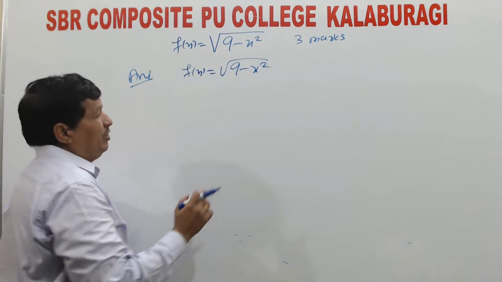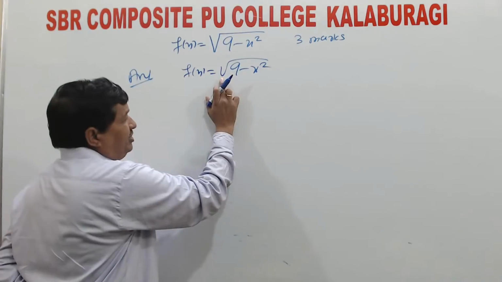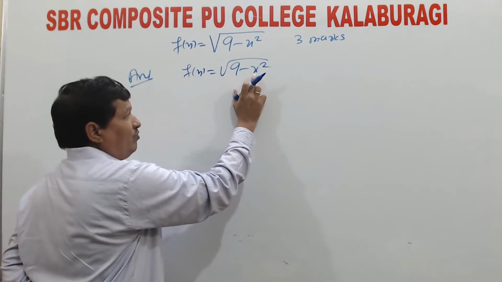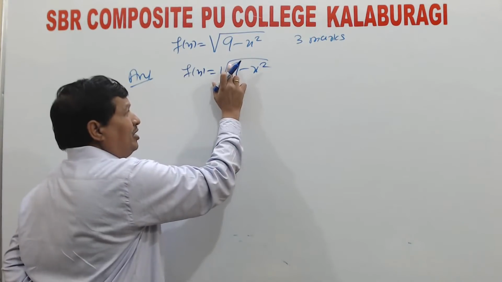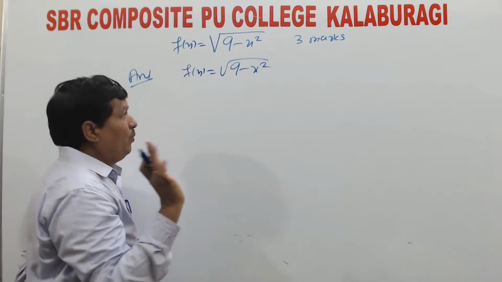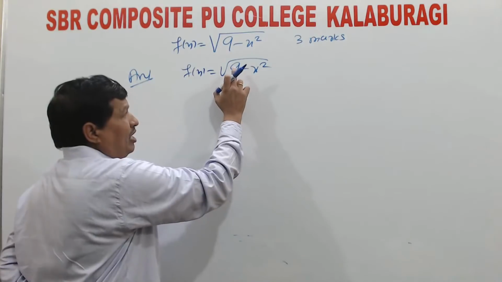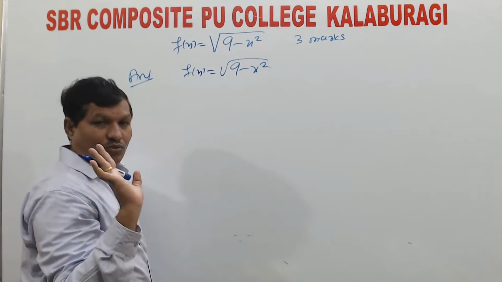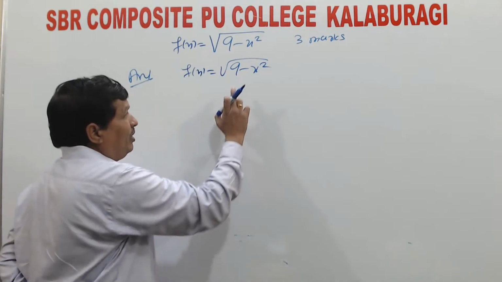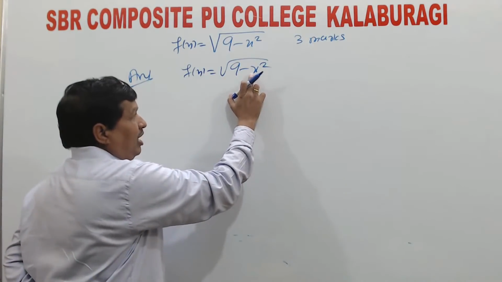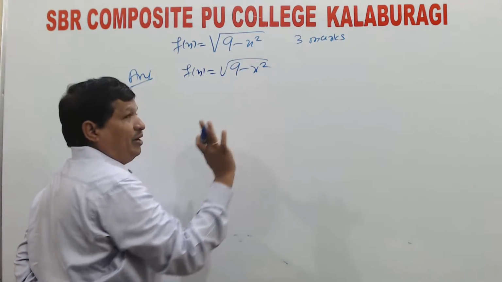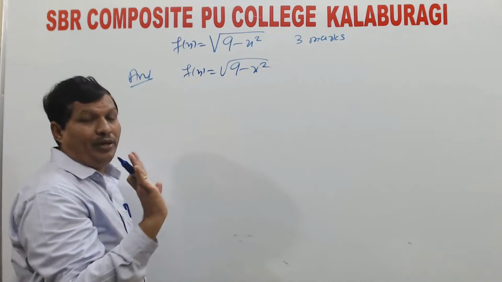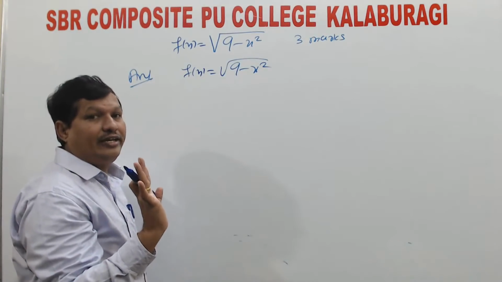See, you know that if there is a root, and you substitute any value of x and evaluate the root, it should be a real number. For the term under the root to give a real number, this 9 minus x square should be positive. Are you followed? Otherwise, if 9 minus x square under the root is negative, it is a complex number. f of x cannot be a complex number because it is a real valued function.